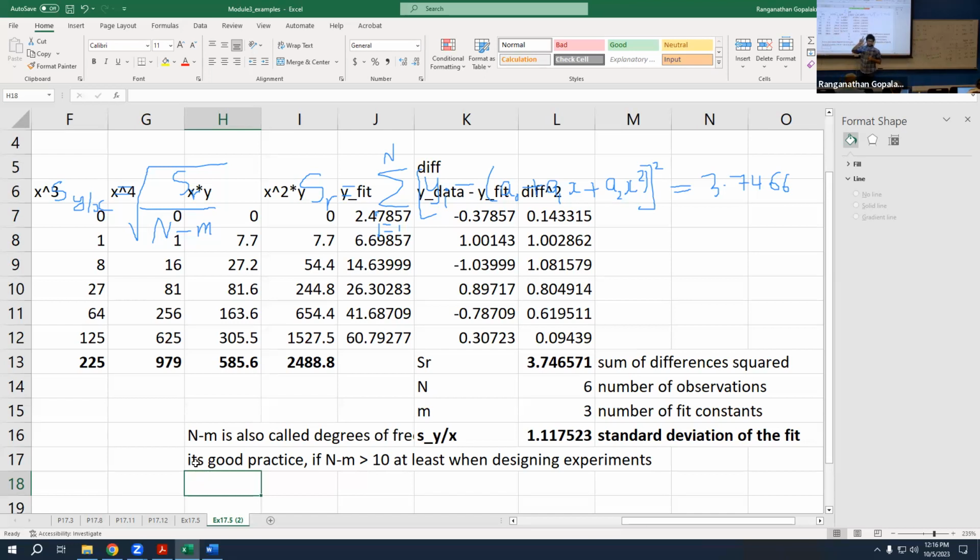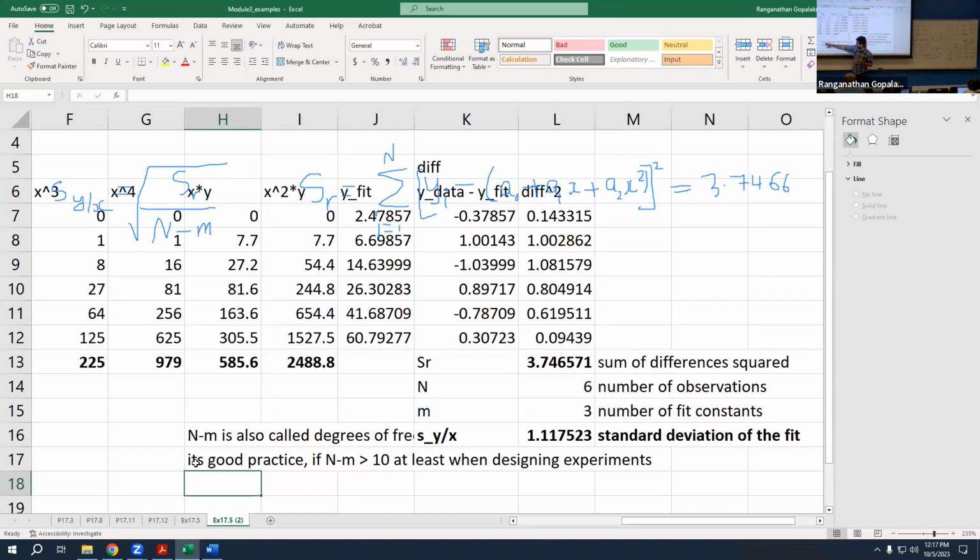Here you are measuring 2 quantities. You are setting X and also measuring Y. So there are 2 quantities measured simultaneously, and they are summarized using 3 fit constants. So m equals 3 or m equals 4, depending on what kind of fit you choose.